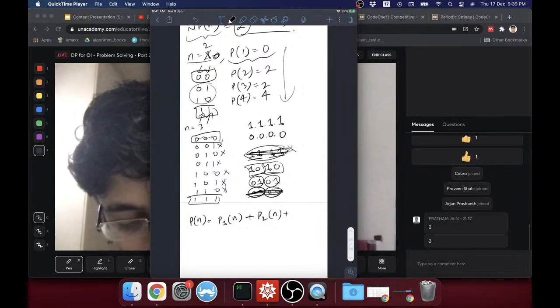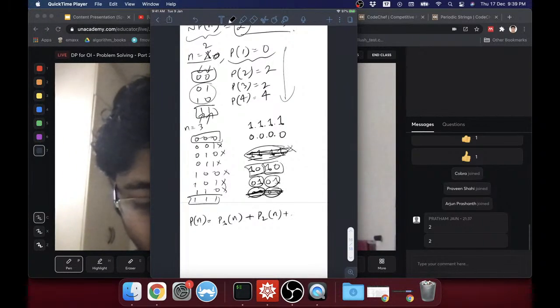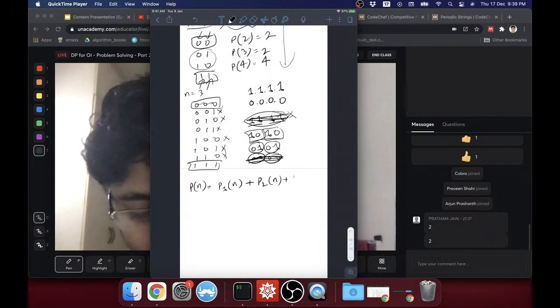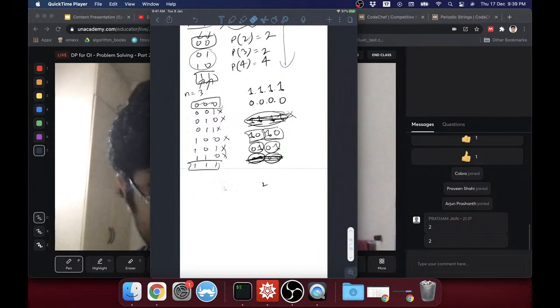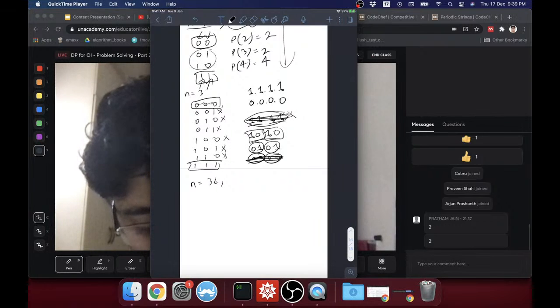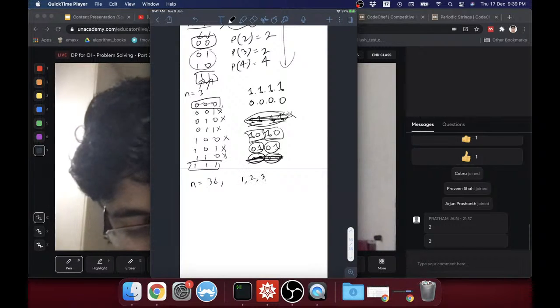There are some of length maybe 4 being repeated n times. Take an example, that'll make it easier to understand. Let's say n is 36. Then, because n is 36, what are the factors of 36? 1, 2, 3, 4, 6.